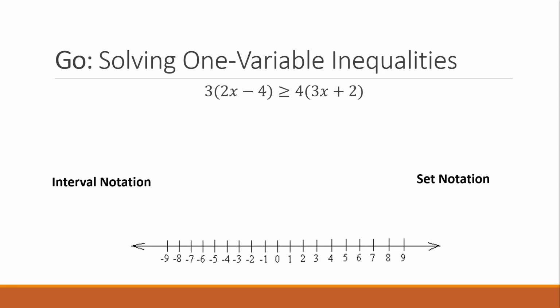Use the distributive property to get 6x minus 12 is greater than or equal to 12x plus 8, and then perform operations on both sides of the inequality to isolate the variable. In this example, the steps for solving require division by a negative number, which will reverse the inequality.